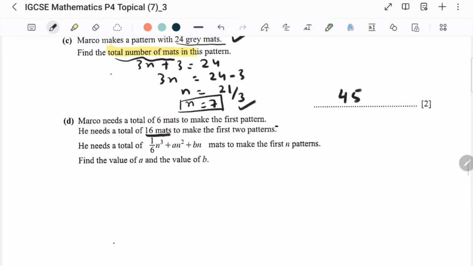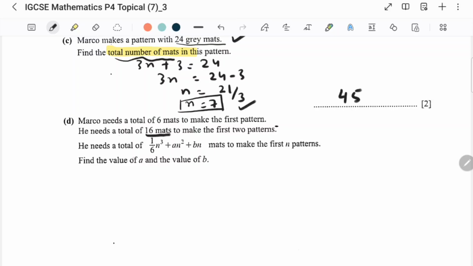He needs a total of 1 upon 6 n cube plus a n square plus b n mats to make the first n patterns. Find the value of a and b. Alright, so there is no need to make any sequence there. Just compare the table and then find your answer. The first pattern makes the first 6 mats.